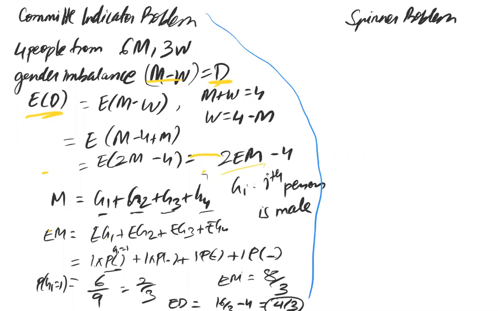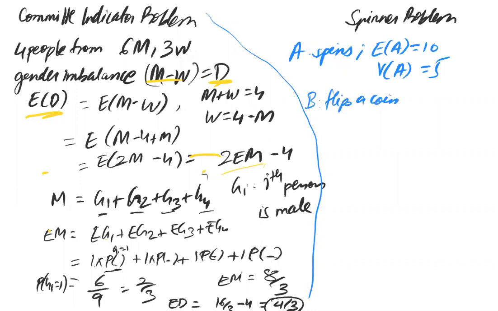The second question is pretty simple. This is the spin-off game, where person A spins a spinner, and that has a mean of 10 and a variance of 5. Person B flips a coin.